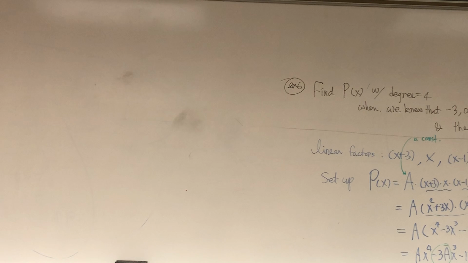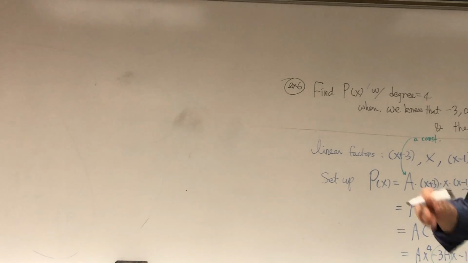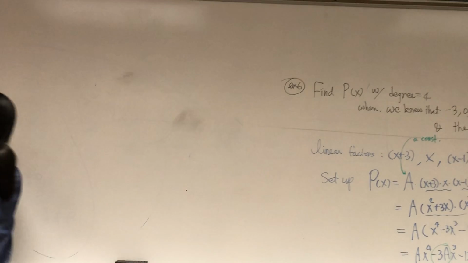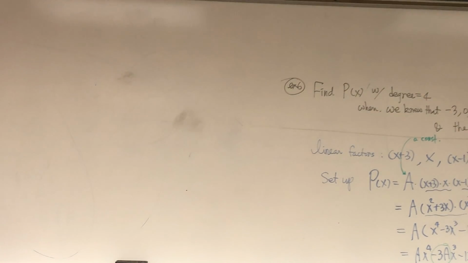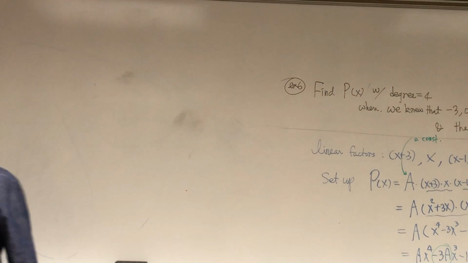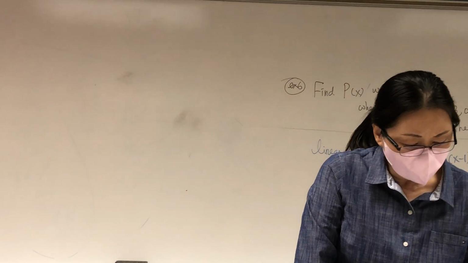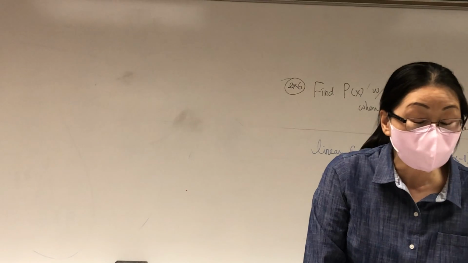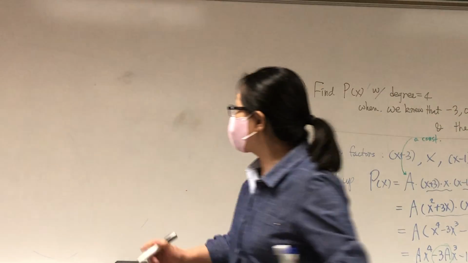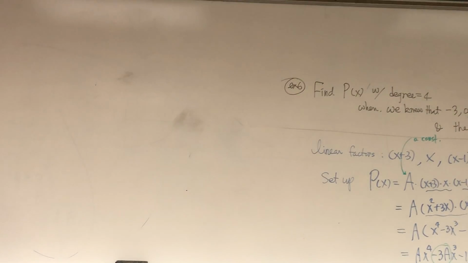Now let's skip this exercise. Move to the next section, 3.4, real zeros of polynomial. But you see that somebody already read the syllabus carefully? We skip this. Why?